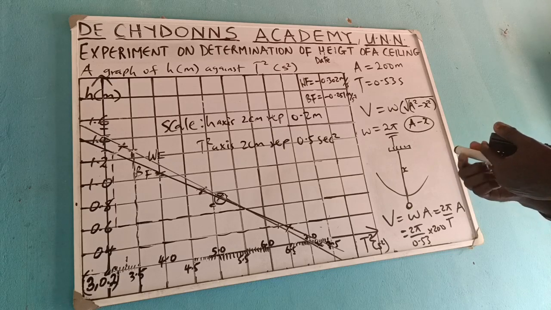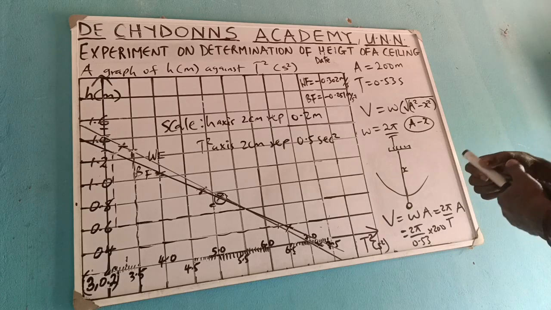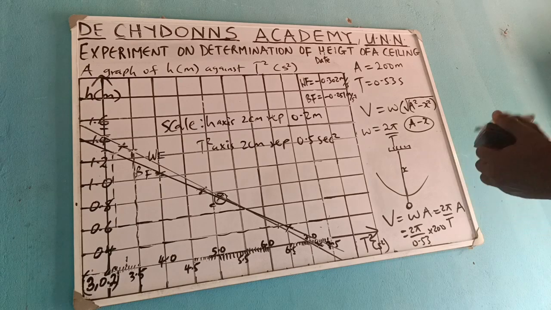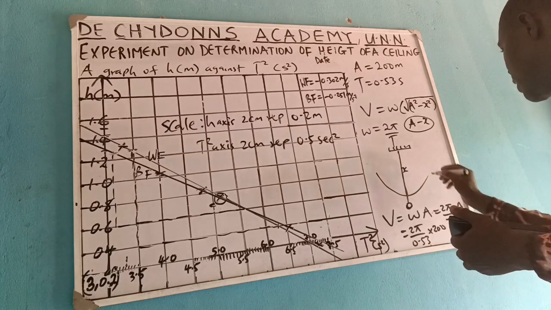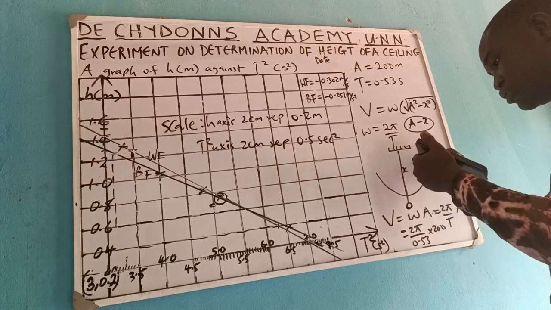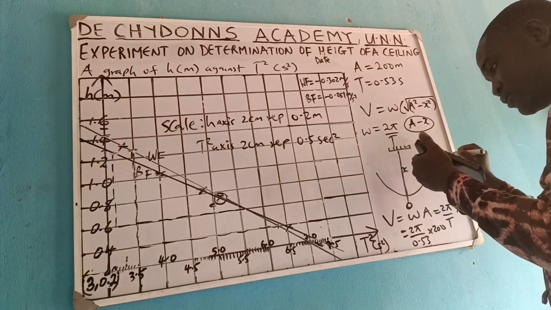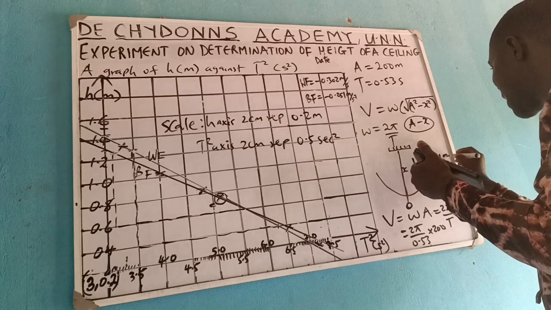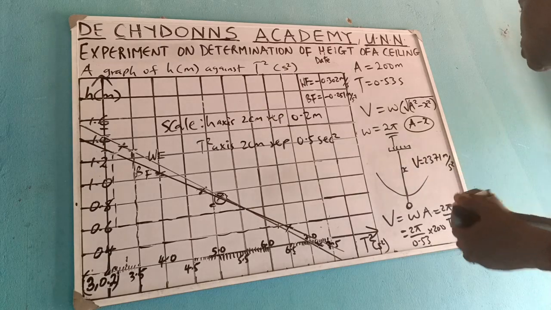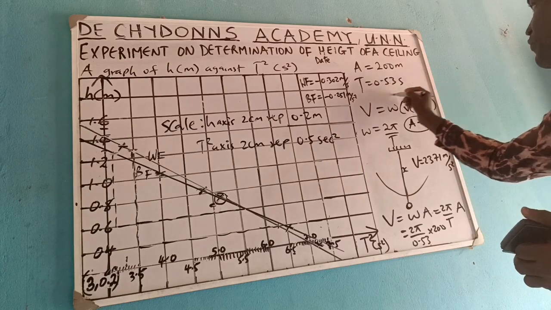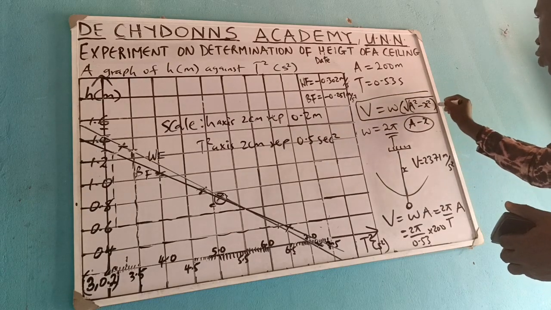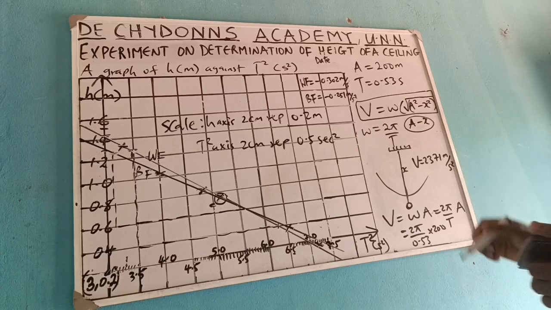That will be giving you 2371 meter per second squared. So our v is equal to 2371 meter per second squared. That is the unit of it. So this was gotten from the simple harmonic motion topic.